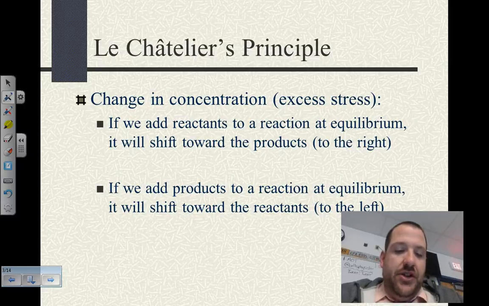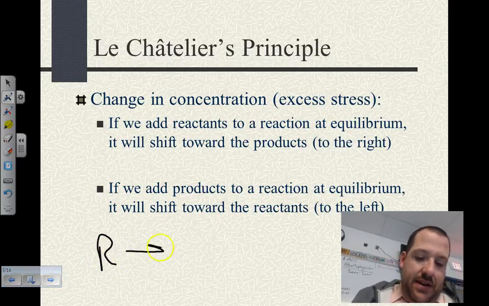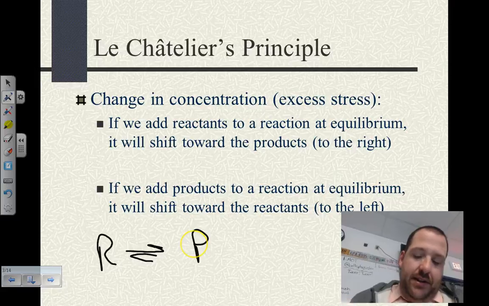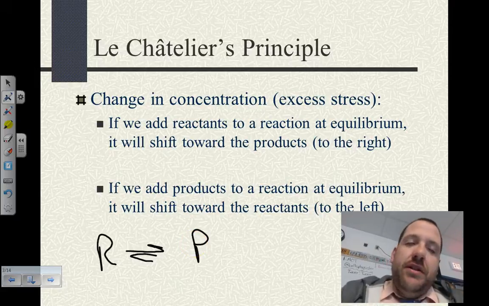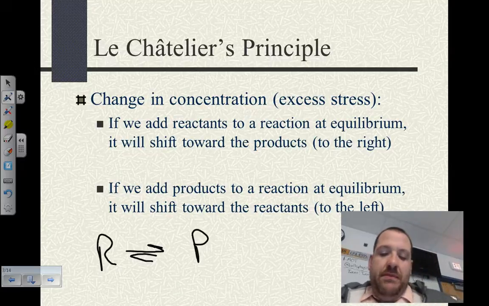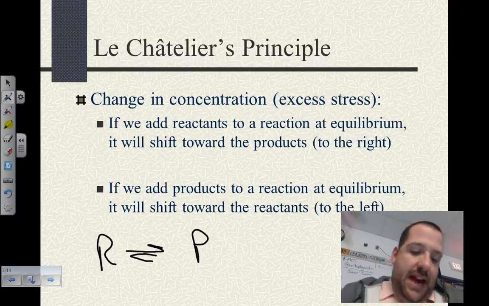So let's talk about change in concentration. If we increase the concentration, we have reactants in equilibrium with products. You can write all of these down if you want, it's not a big deal if you do or not. What if we add reactants?